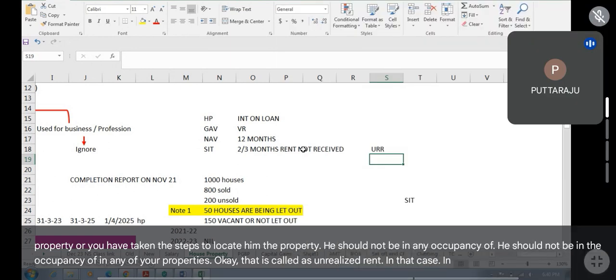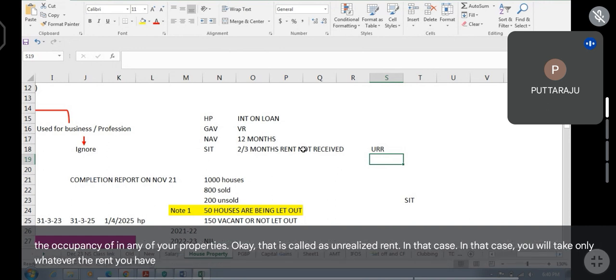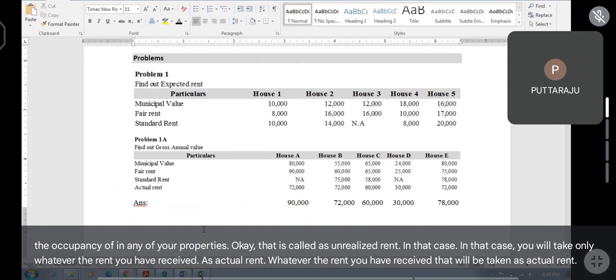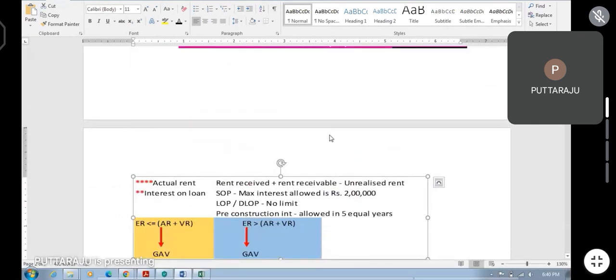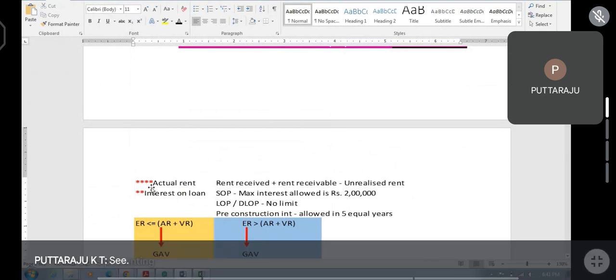In that case, you will take only whatever rent you have received as actual rent. See, actual rent means rent received plus receivable minus unrealized rent.